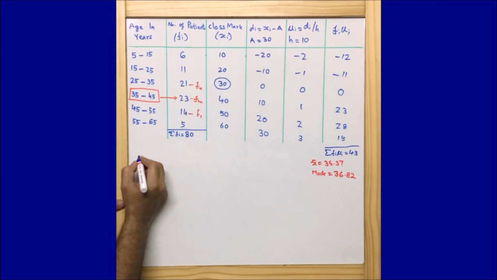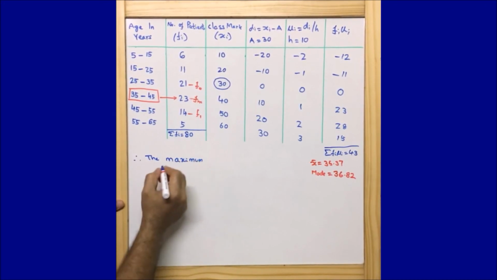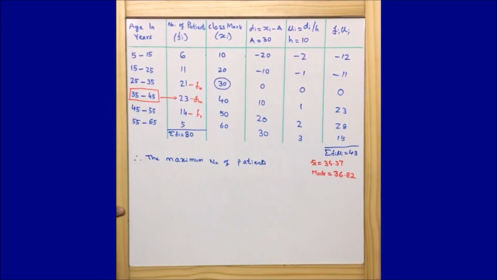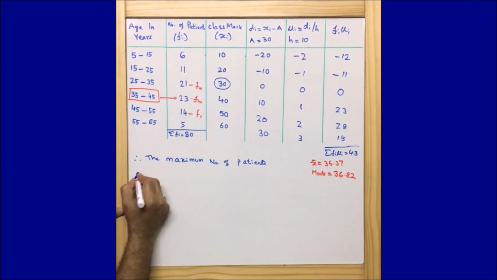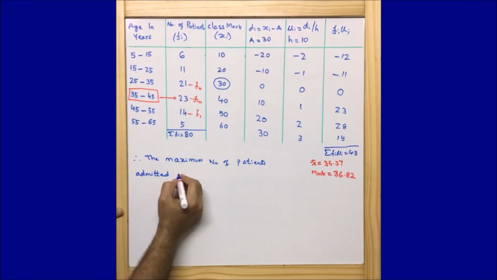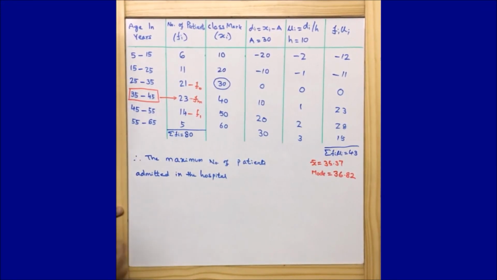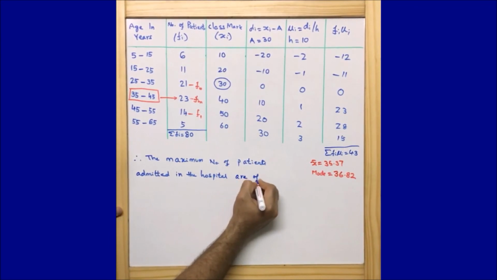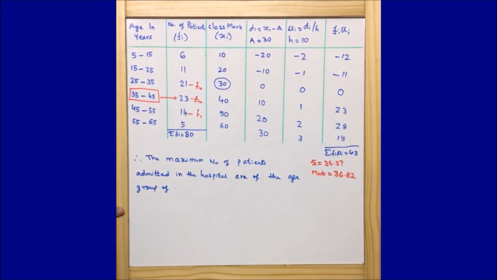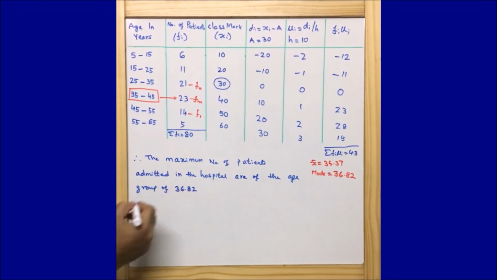We can write: therefore the maximum number of patients admitted in the hospital are of the age group of 36.82 years, because mode is nothing but the maximum number of occurrences.